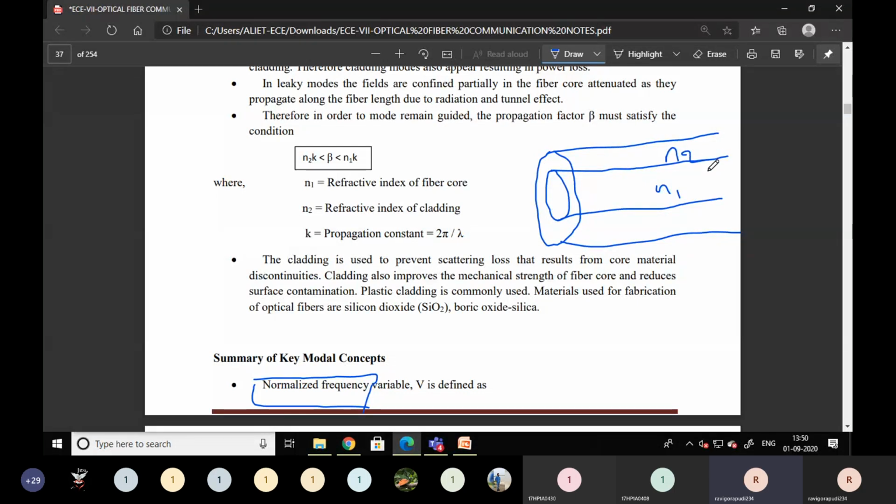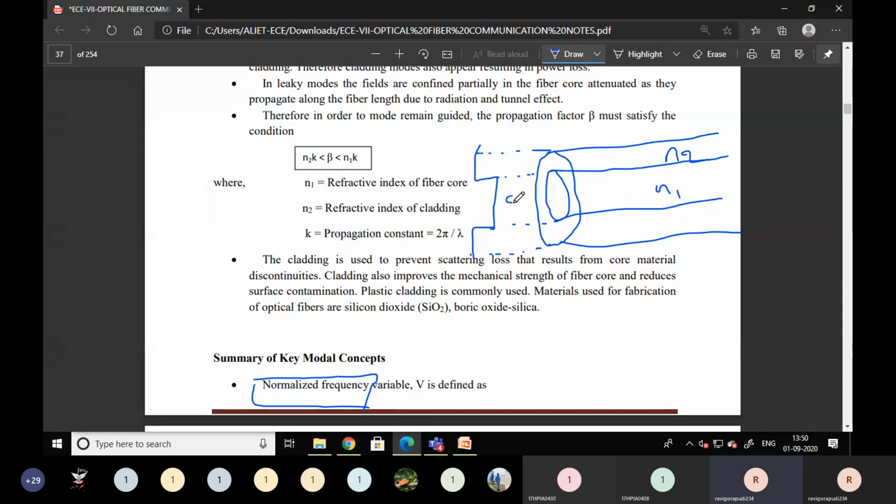If I take the corresponding line from the core, this is nothing but the core radius. This is the step index profile we are using, and these dotted lines give the cladding.